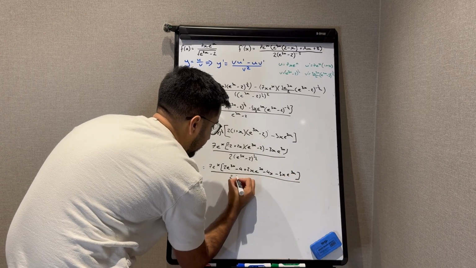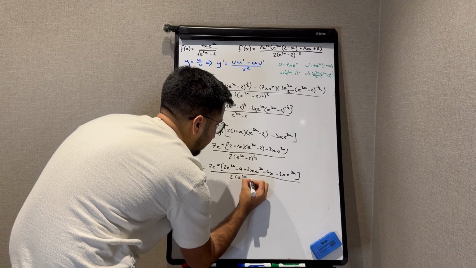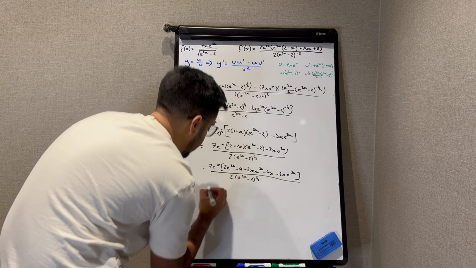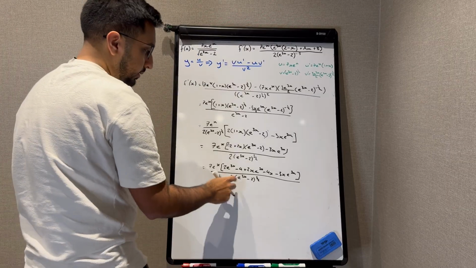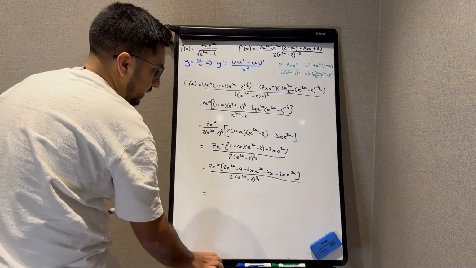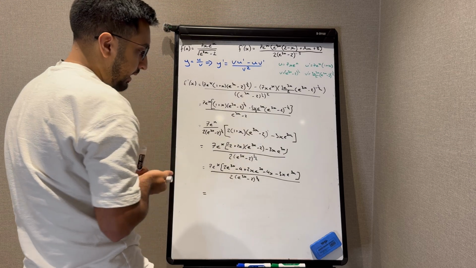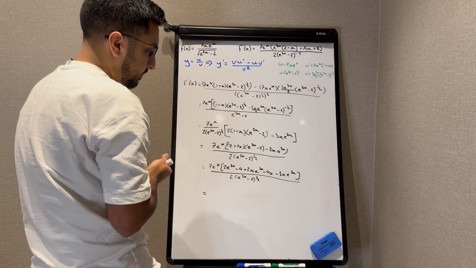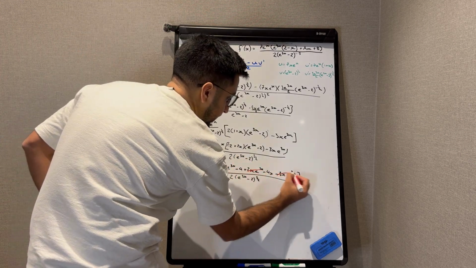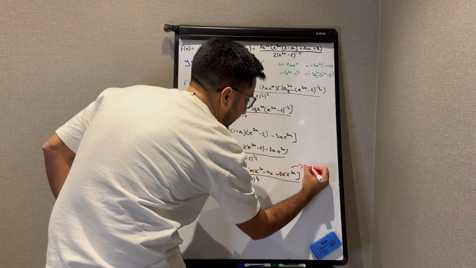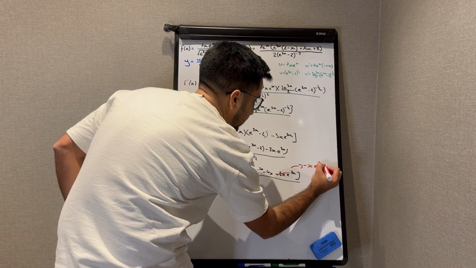And the denominator stays the same. And our final step, well, what we can see here is that we have a common term. This and this becomes minus x e to the 3x.